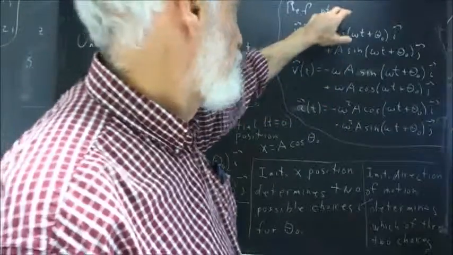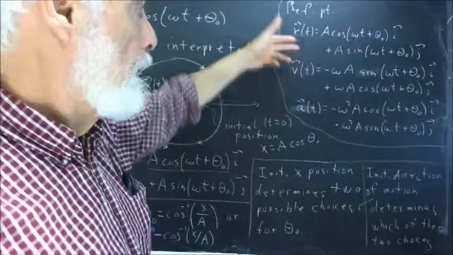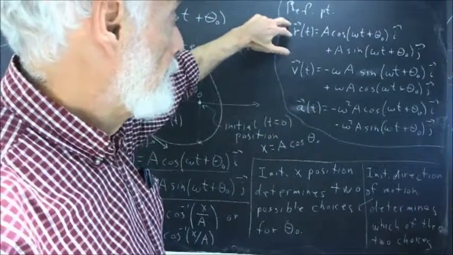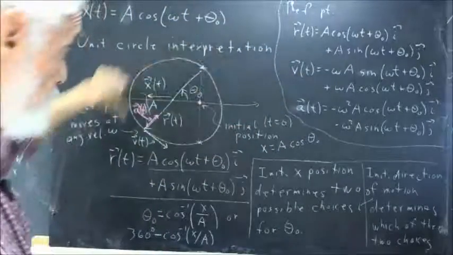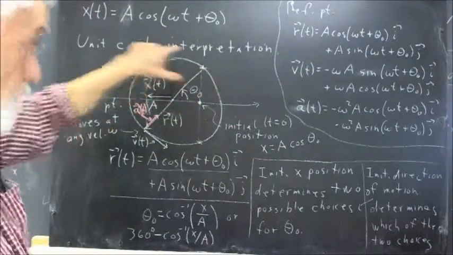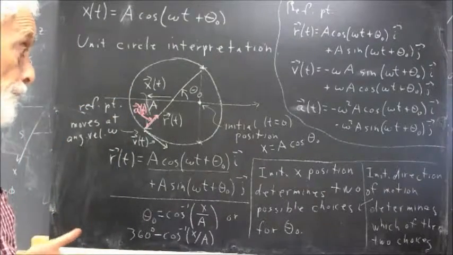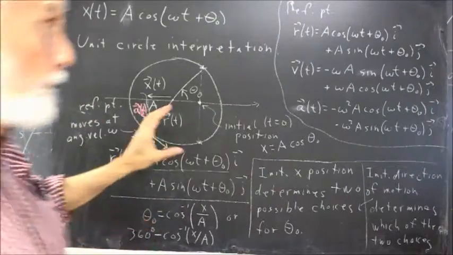Or we can get the same thing by taking derivatives. I didn't specify how we got these. All these vector functions that describe the position, velocity, and acceleration in 2 dimensions of the reference point can be obtained either using calculus by taking derivatives or by reasoning out, as we've done in the past. So I'm not going to go through that reasoning again.